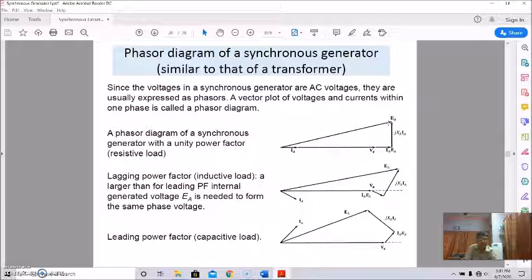If it is a lagging power factor case, the armature current will lag behind the phase voltage, and this is the lagging angle.